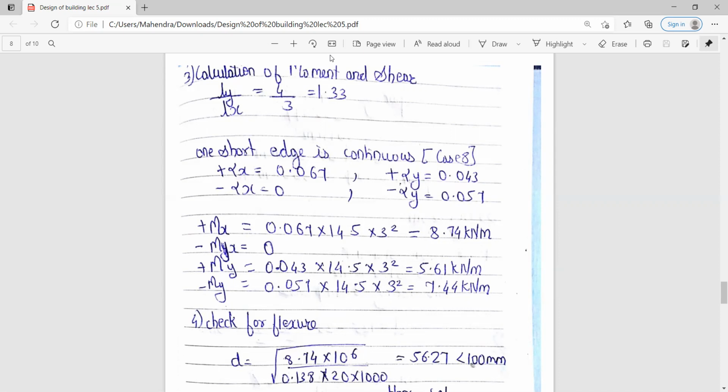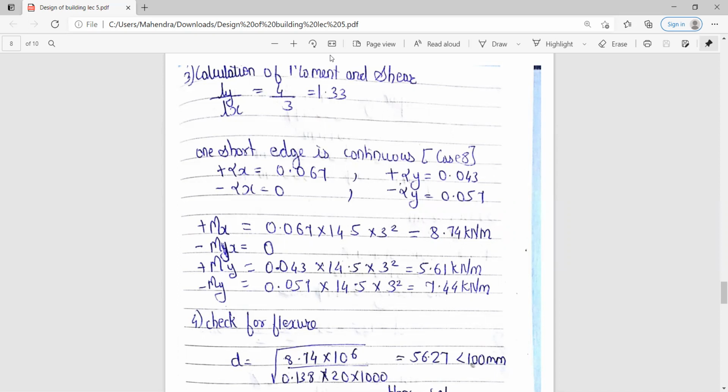From case number 8 of IS 456 2000, if your Ly by Lx ratio is 1.33, the alpha x value you get is 0.067, plus alpha y you will get from the IS code as 0.043, and minus alpha y you will get as 0.057. From these you can calculate moments for the x direction as well as the y direction, for the positive x direction and for the positive and negative y direction.